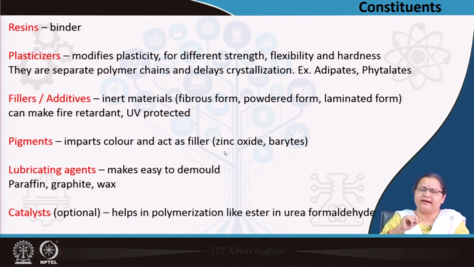It can make it fire retardant, it can make it ultraviolet ray protected. Pigments, similar to paints, are the coloring agents, and they can also act as a filler, and you see it is similar to that of paints.